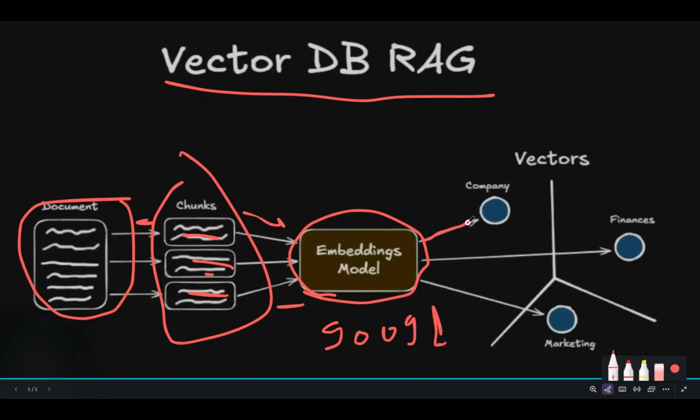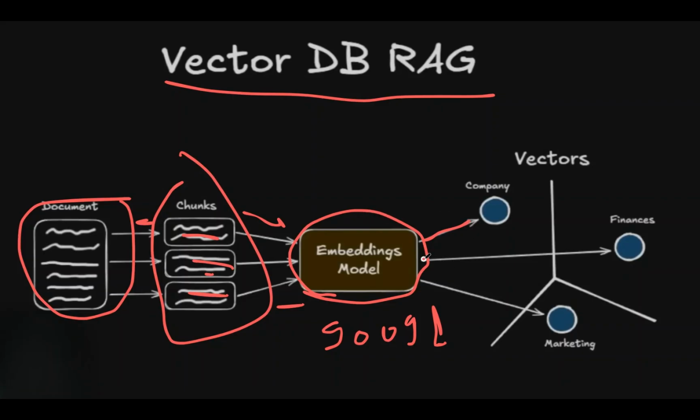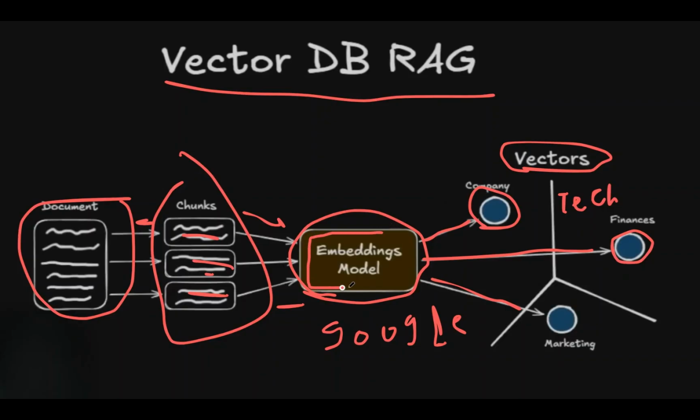It takes all the information and understands it: okay, this information is company information, is it a finance one, is it a marketing one, and then it puts everything under a category, like this is company, this is finance, this is tech, this is fashion and everything. That's why it's called vectors, it's called a vector database. Okay, and now when you ask it a question, the AI analyzes the question, whether it's related to fashion, or related to food, for example, then it understands the question, then it goes to exactly the same vector store that your question relates to.